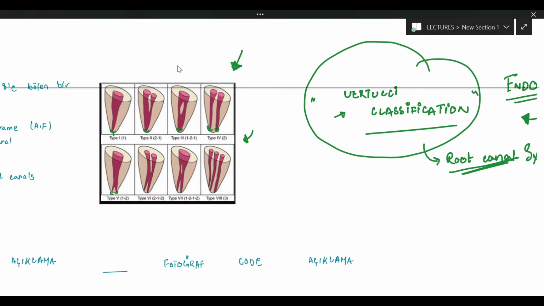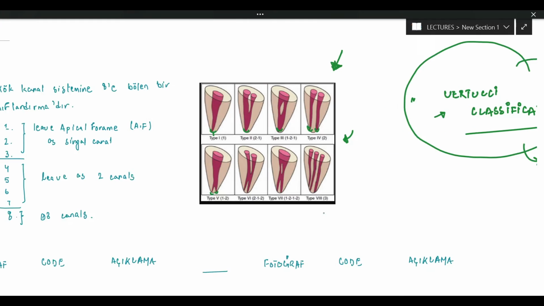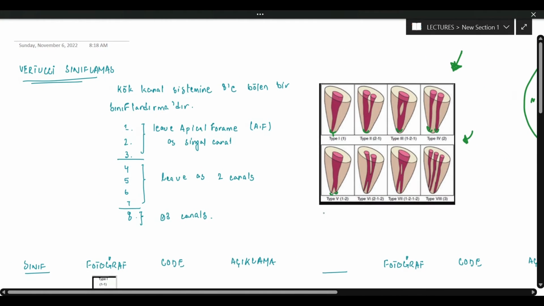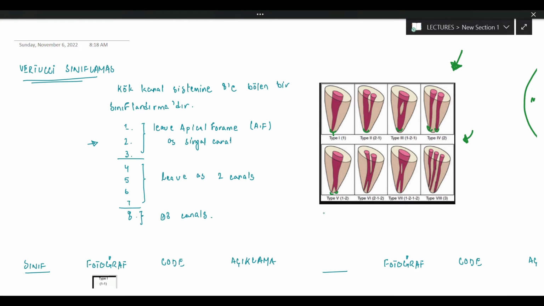Before we start the video, I would like to give you a very easy formula to memorize this classification, because it is a little bit confusing when you read it for the first time.